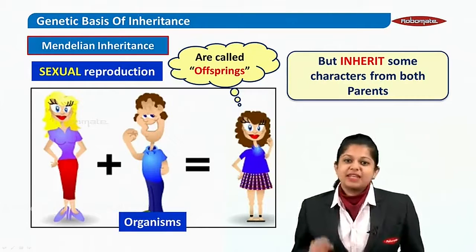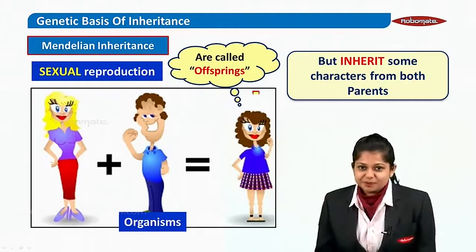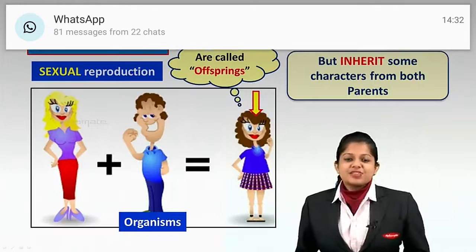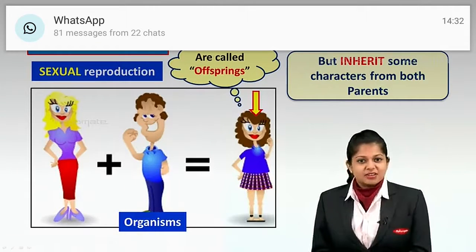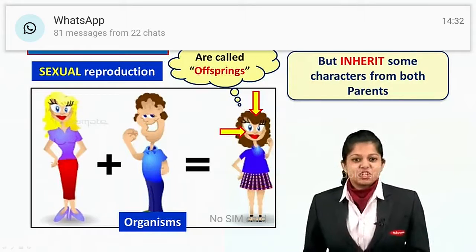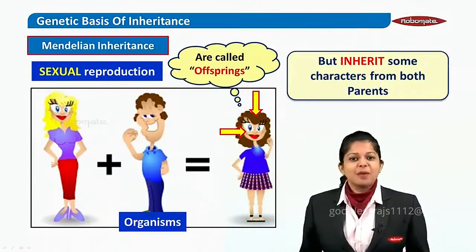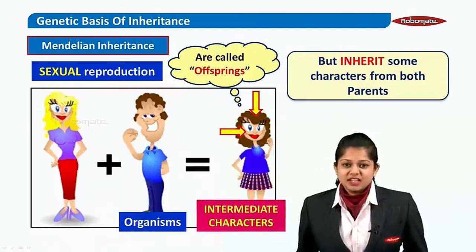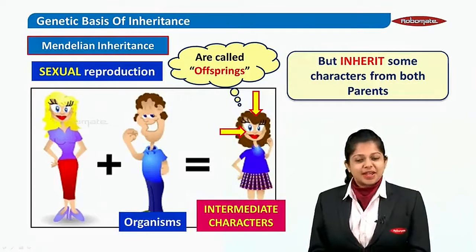Like for example, in this particular image, the girl has received her hair color and hair texture from her father, whereas her facial characteristics from her mother, thus showing intermediate characters.